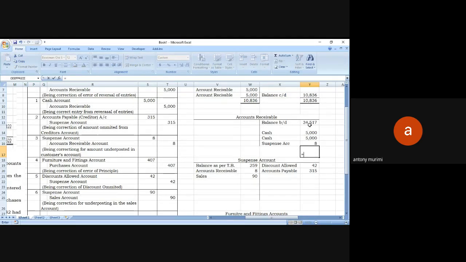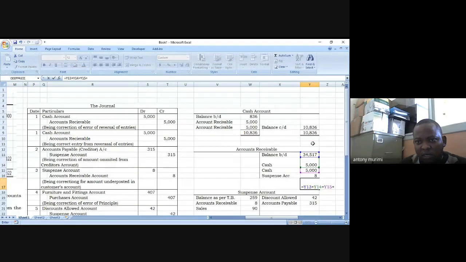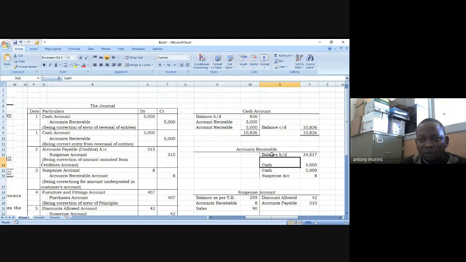The total of the credit side is... was there an error here? Accounts receivable balance brought down should be on the debit side. That was an error on my part.